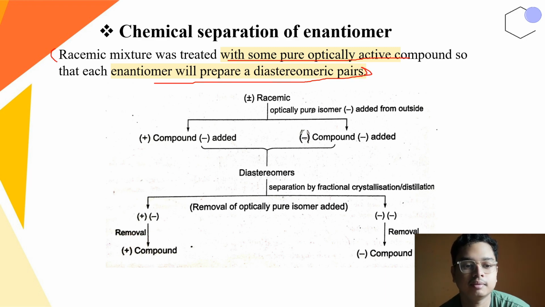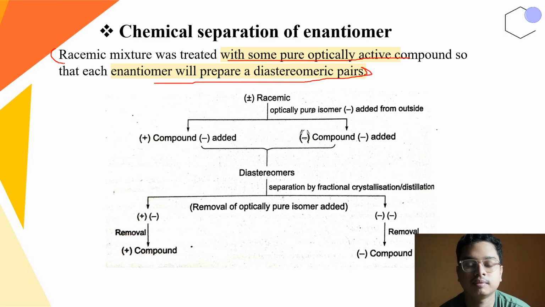Now this is very important, since we know that enantiomers are practically inseparable in a chiral solvent. So we add a pure optically active chiral compound, so that these two will react and form diastereomers.